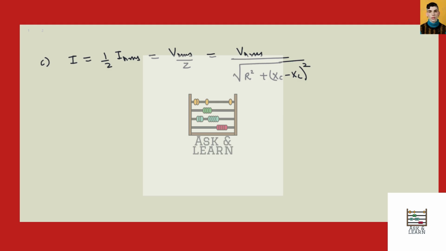So this gives us R square plus (XC minus XL) whole square equals 2 VRMS square over IRMS square.